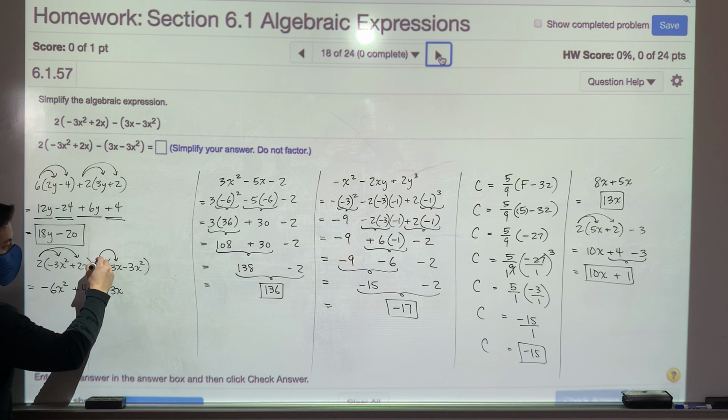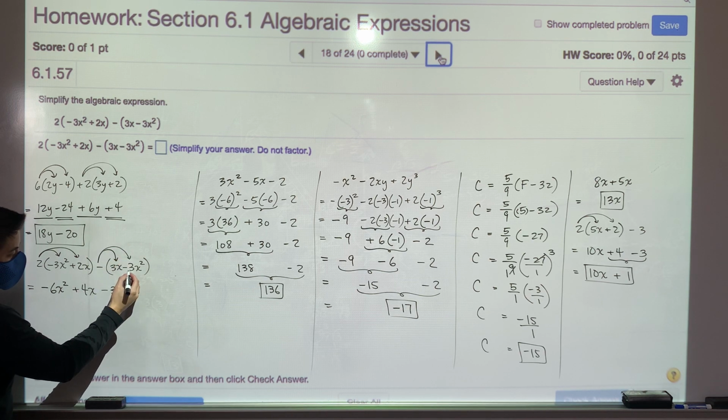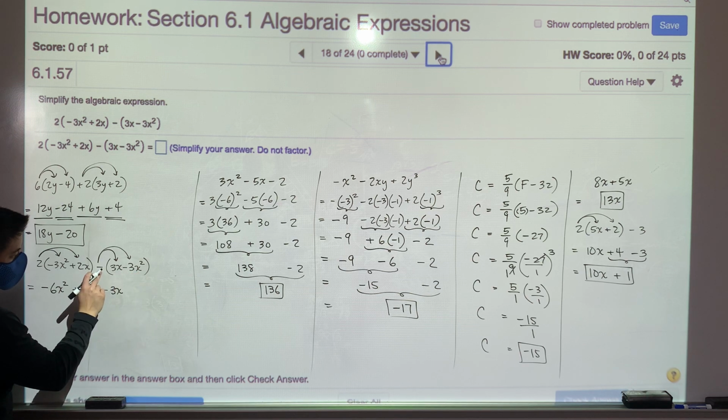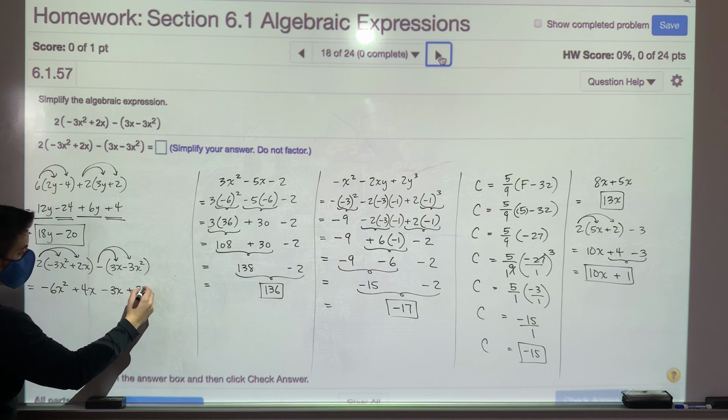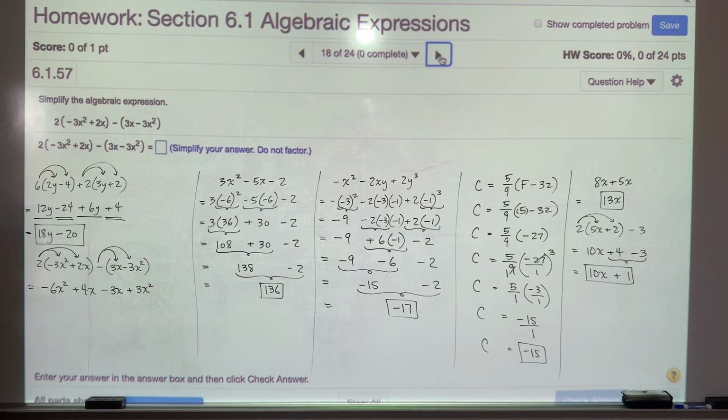Okay. Now I have a negative times a negative 3x squared. So this negative is getting distributed to this one. A negative times a negative is a positive 3x squared. So I basically use my rules for positives and negatives multiplying to determine this. Now, last class, somebody asked the question, or we talked about it, what number can we think of this like?